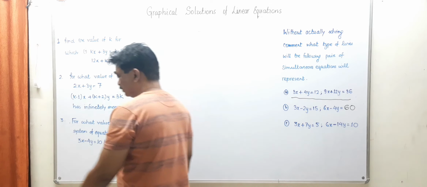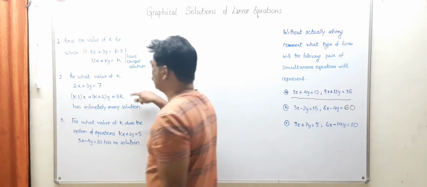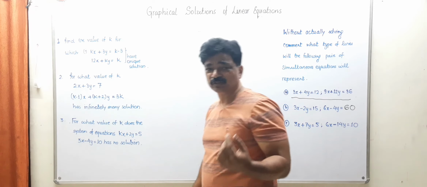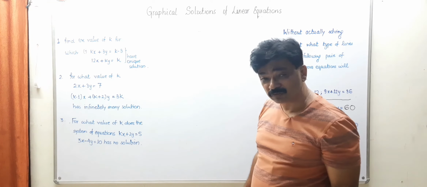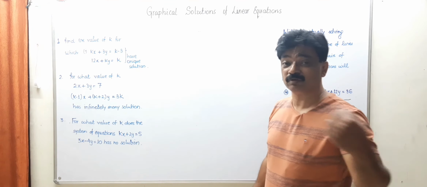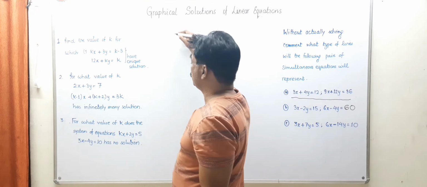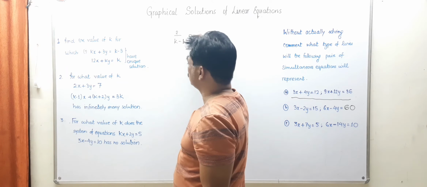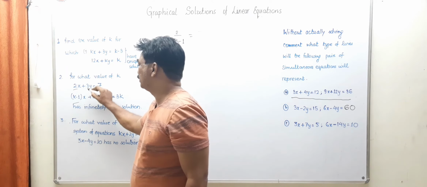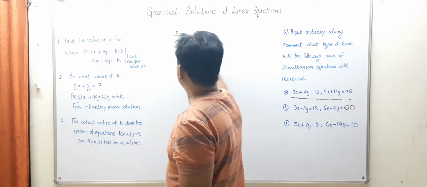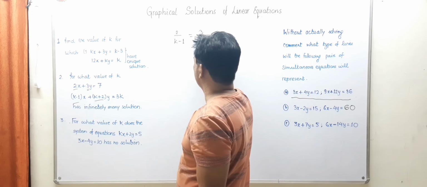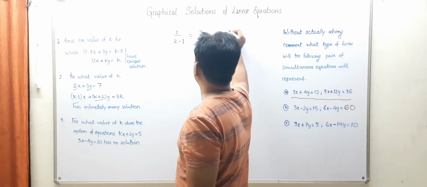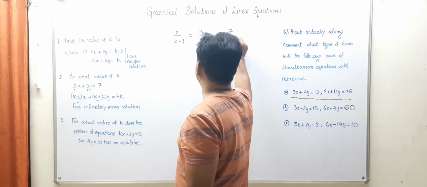Next question, for what value they will have infinitely many solutions. So for infinitely many solutions, what we need, a1 by a2 should be equal to b1 by b2 should be equal to c1 by c2, same line. So a1 by a2, 2 by k minus 1, then next is b1 by b2, 3 by k plus 2, and last is 7 by 3k.